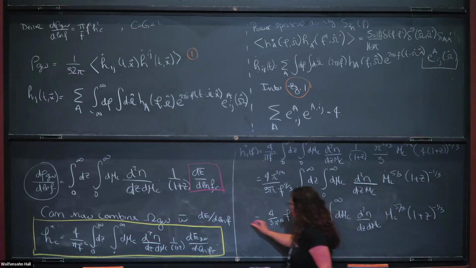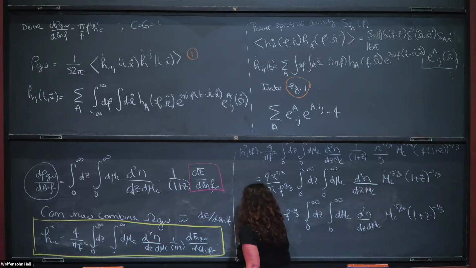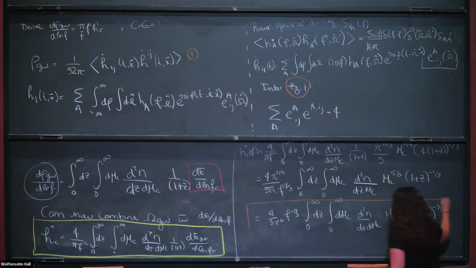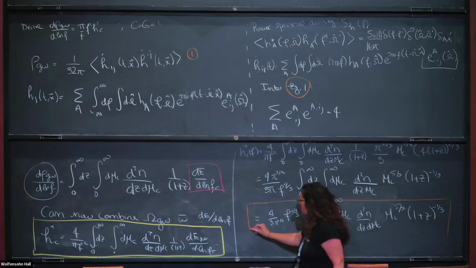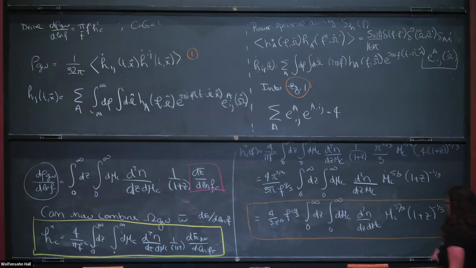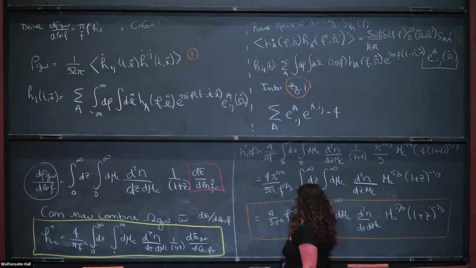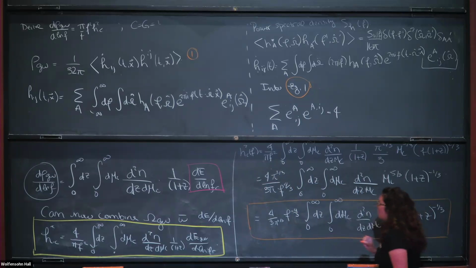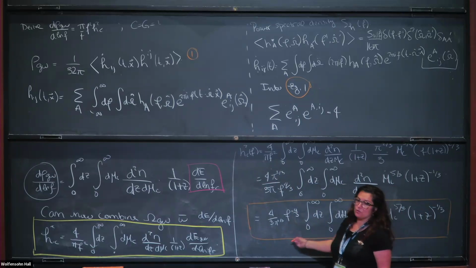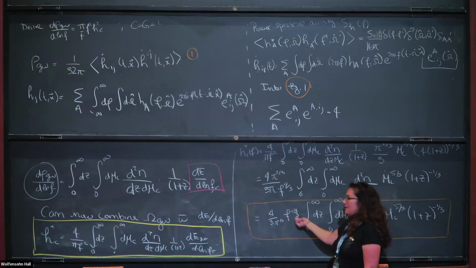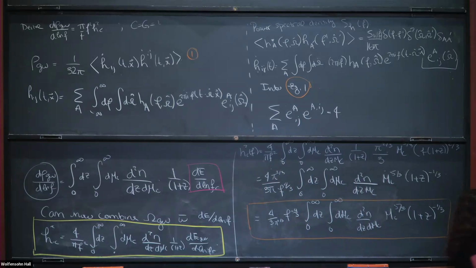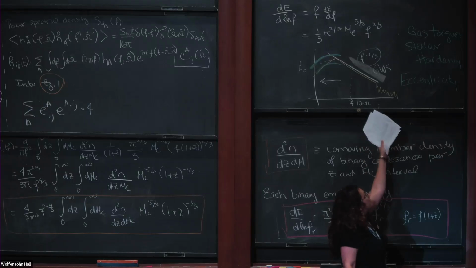Number 1, we found that the characteristic strain of a stochastic gravitational wave background squared scales like frequency to the minus 4/3, meaning that the characteristic strain itself scales like f to the minus 2/3, which is what you saw in my talk, what I wrote up here.